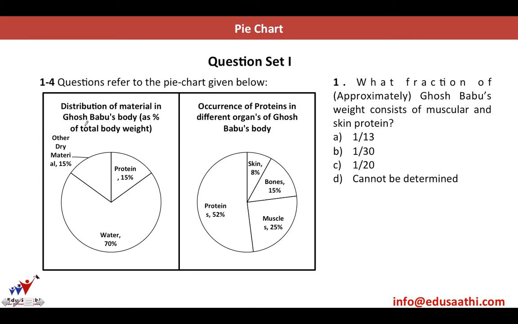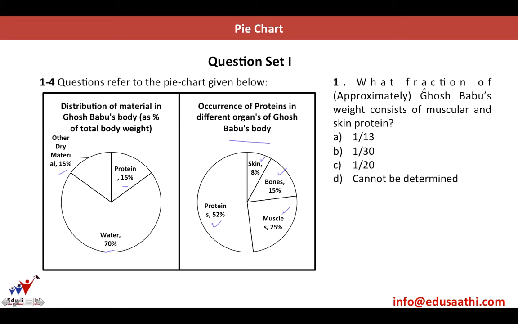Distribution of material in Ghosh Babu's body as a percentage of total body weight is given. So other dry materials are 15%, protein is again 15%, and water is 70%. Occurrence of proteins in different organs of Ghosh Babu's body: I have skin 8%, bones 15%, muscle 25%, and others 52%.